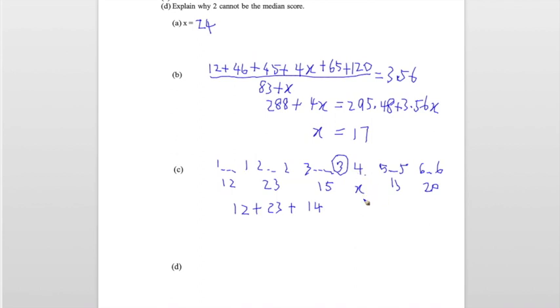And that must be equal to whatever is on this side, because if this 3 is the median, there will be an equal number of scores on both sides. So this side must be equal to x plus 13 plus 20. So that gives us x is 16. And that's the largest value of x.